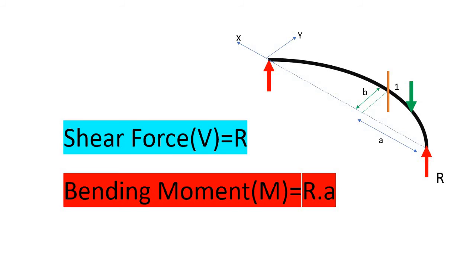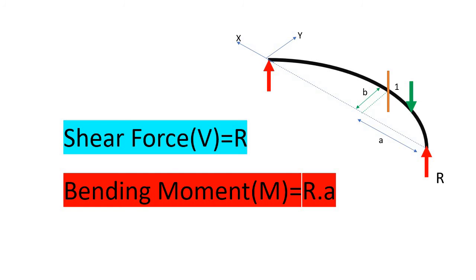Also you can see that your section is at a distance of B from the support, if you connect the two supports by an arbitrary line, here marked with the blue color dashed line.